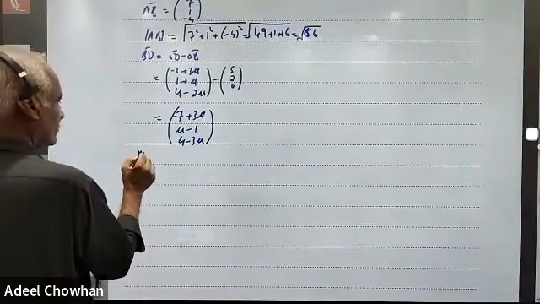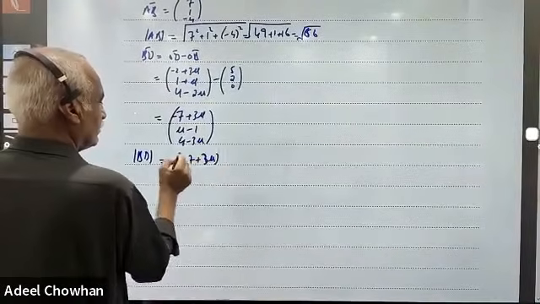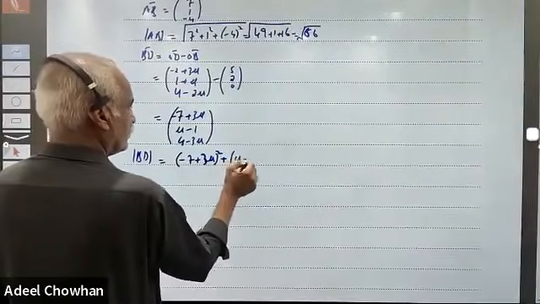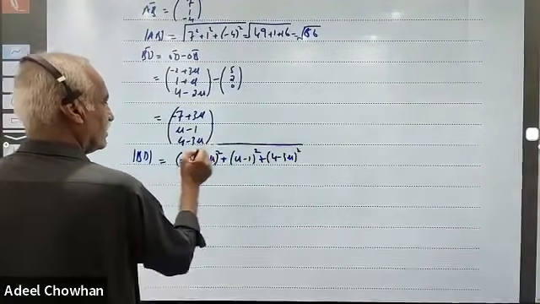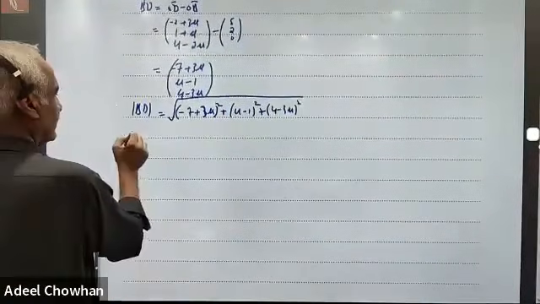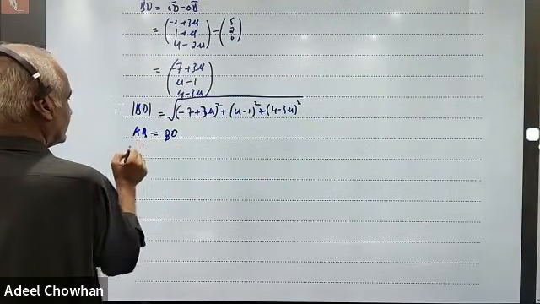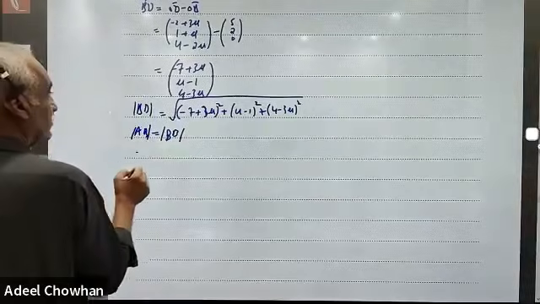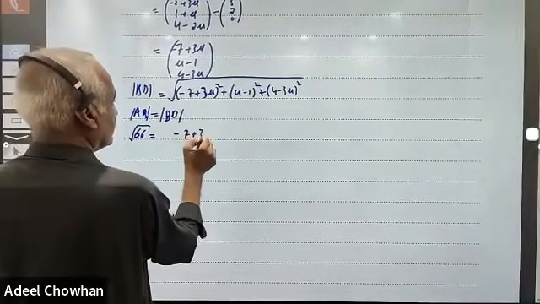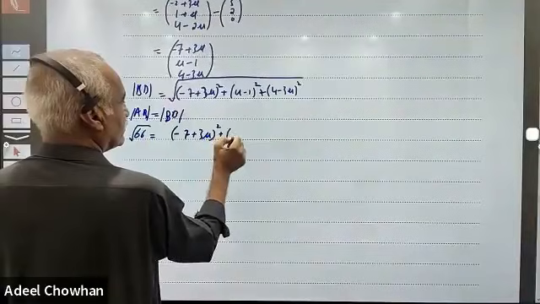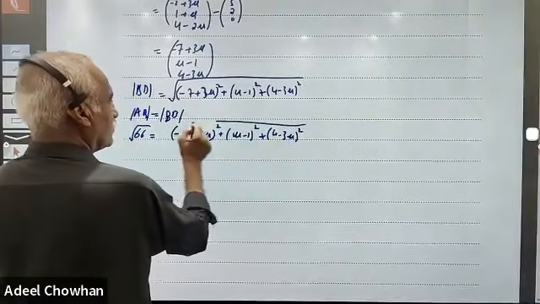So the BD magnitude is the square root of minus 7 plus 3 mu whole square plus mu minus 1 whole square plus 4 minus 2 mu whole square. So AB is equal to BD.